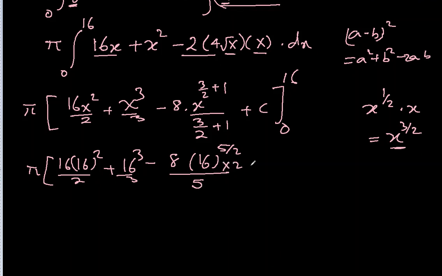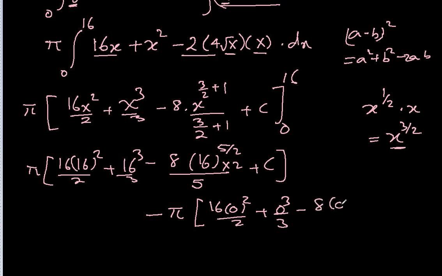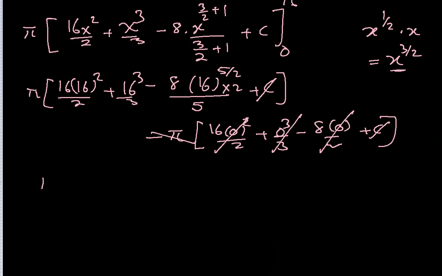The denominator of a denominator is the numerator, we can do it this way, plus c, minus, and I'll have to take this pi again, it is with both. 16 times 0 squared over 2 plus 0 cubed over 3 minus 8 times 0, and it doesn't matter because it becomes 0 plus c. So since this is 0, this is 0, this is 0, this c cancels with this c, that means this is of no use. We just have to focus on the first part, which is pi.